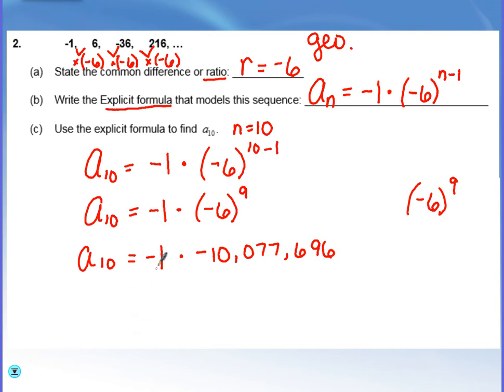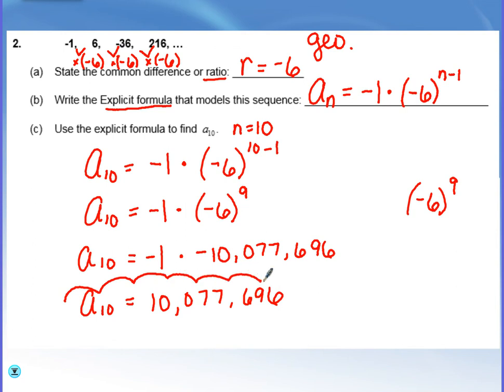Lastly, we must multiply by negative 1, so it's just going to become a positive. And here you have it, the 10th term of this sequence.